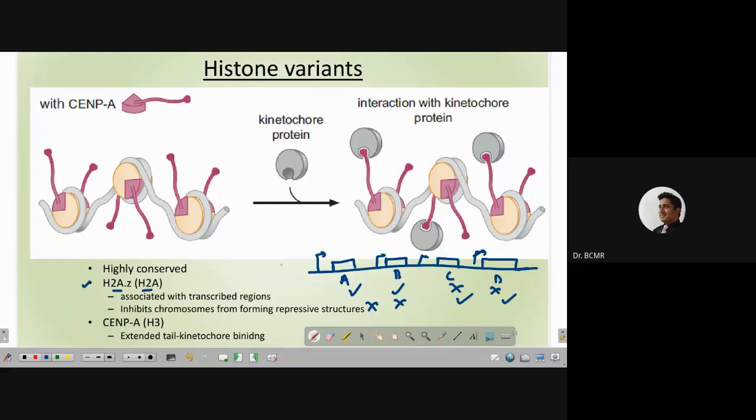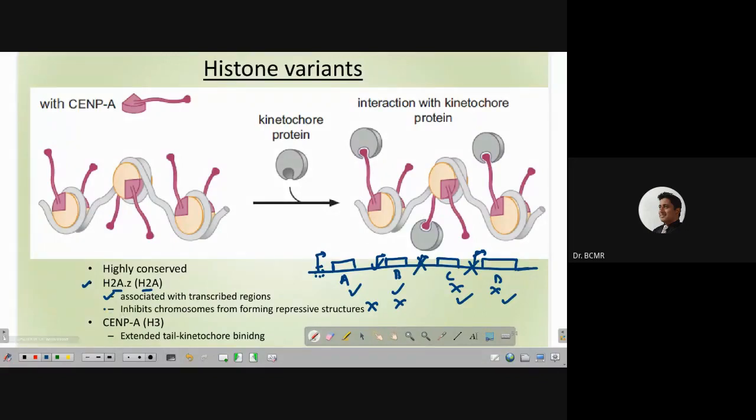So what I want you to remember is that some genes are highly expressed and some genes are highly repressed. Here, H2AZ is a variant of H2A, which is usually associated with highly transcribed regions, right?